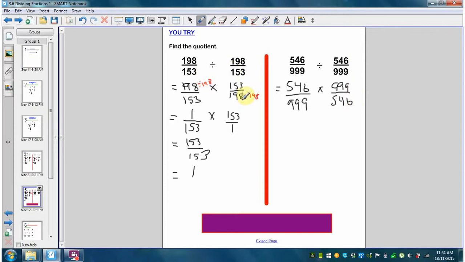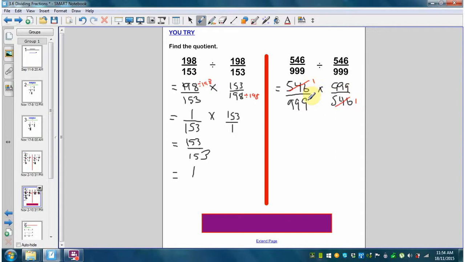Now we got a similar situation. We got our corners that we can simplify. So we can divide this corner and this corner by 546. Okay, and I'm going to do that. Instead of writing out divide, I'm just going to do what's called canceling. So this becomes now a 1. Because 546 divided by itself is 1. 546 divided by itself is 1.